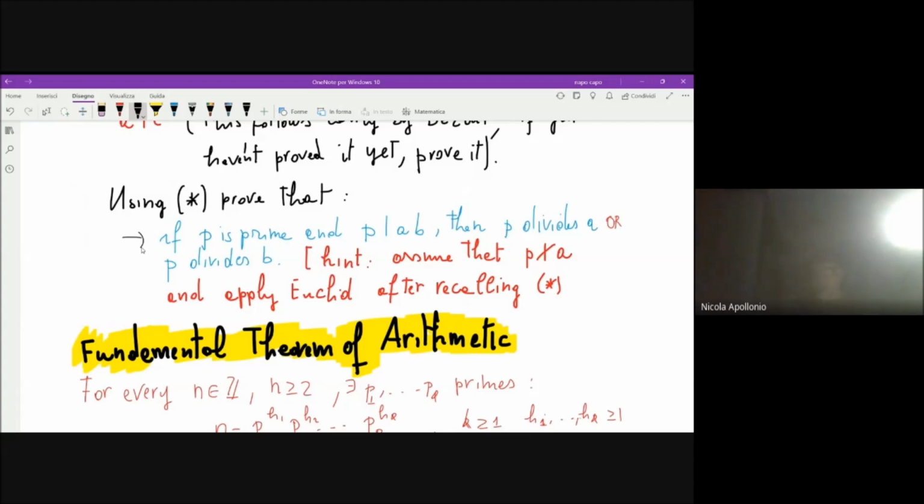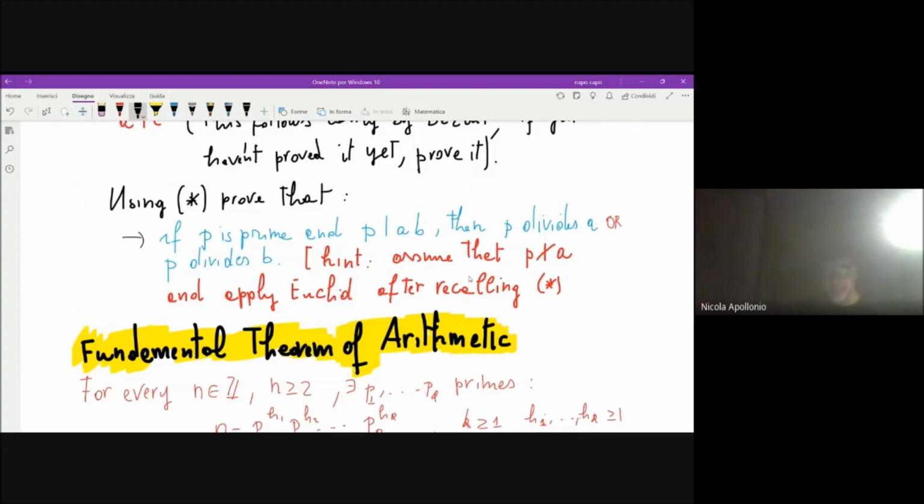Suppose you have a product A and B, and let P be a prime number. So if you know that P divides A and B, then P either divides A or B or both.